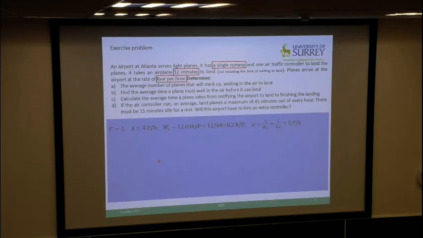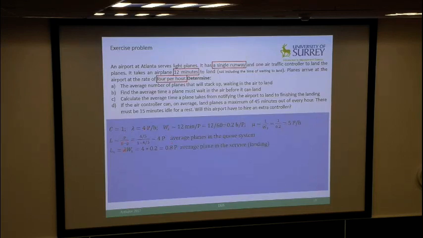It's a stable system. Again, we use rho divided by 1 minus rho to find the total number of customers, in this case the planes in our whole system, so we get 4 planes.